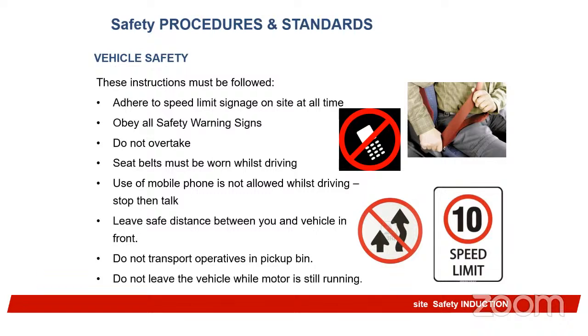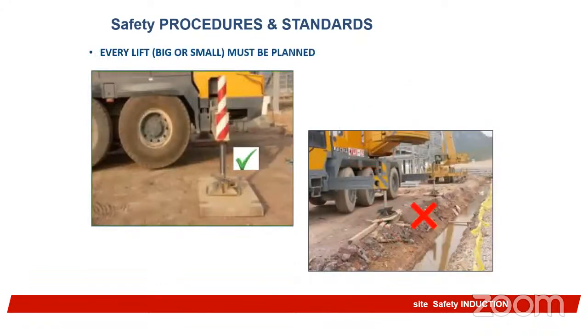Do not transport operatives in pickup bins. Do not leave the vehicle while the motor is still running. If you want to stop working, switch off the engine. Don't switch it on and go away to do other things. These are part of the procedures that I talk about to those involved in vehicle safety.